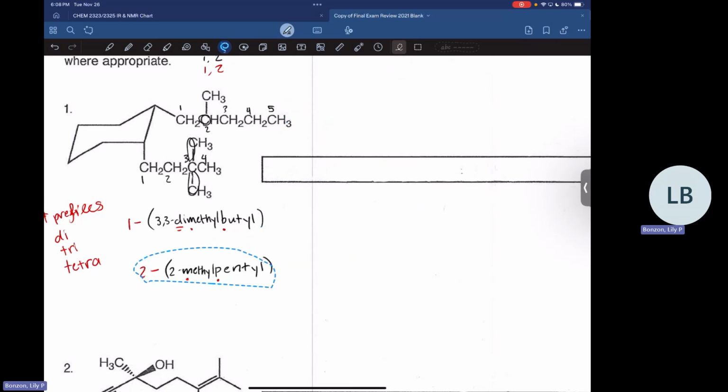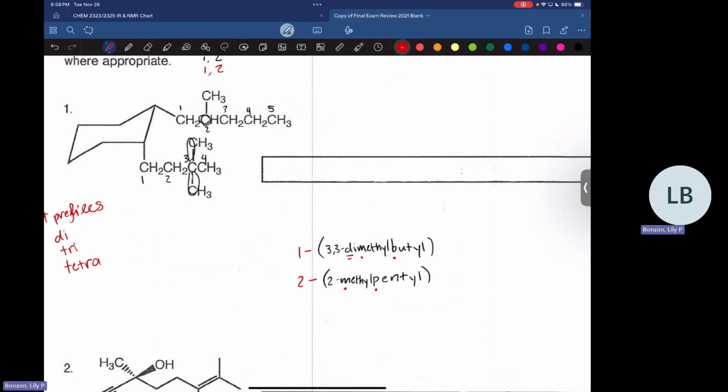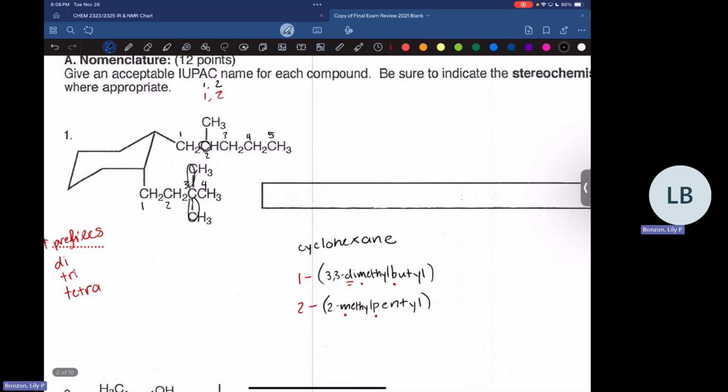So these are our two substituents. Again, our main parent chain is going to be this cyclohexane ring. So cyclohexane. And whenever we have a cyclohexane, we have to look at where the substituents are for stereochemistry. Whenever we have it in the chair conformation, we can look at the equatorial and axial positions or the up-down positions.